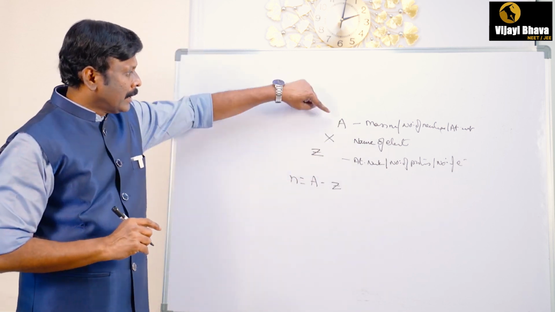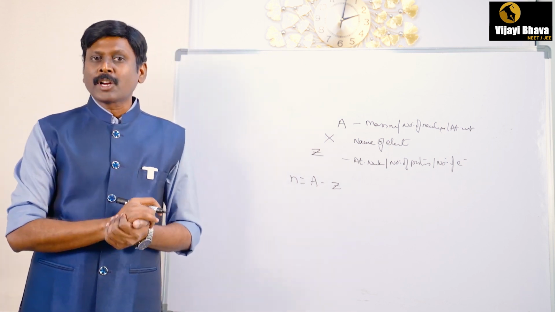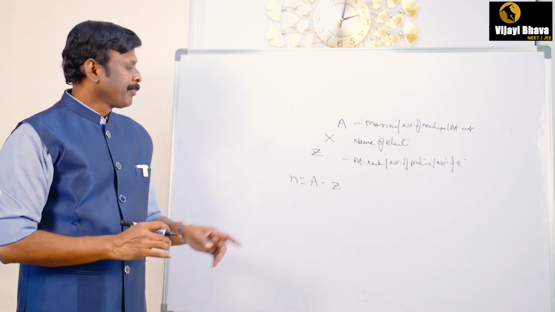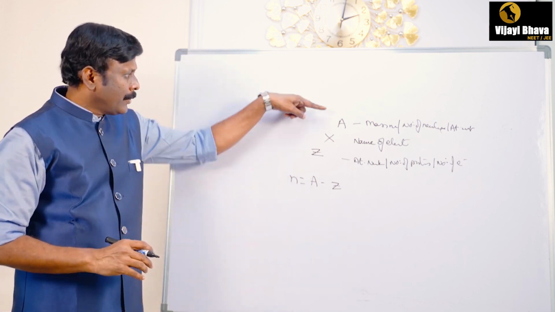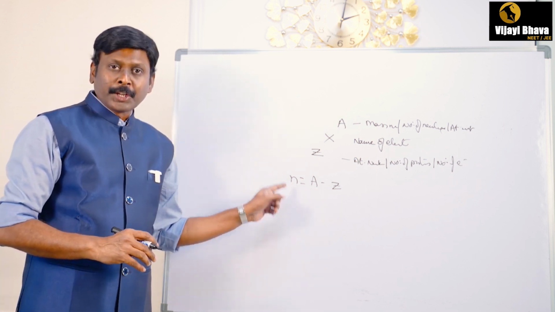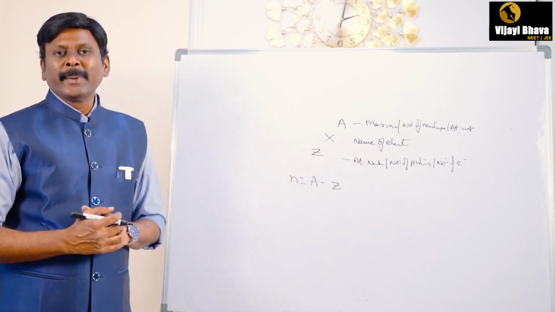Do remember, A is the number of nucleons, the count of protons and the neutrons present in the nucleus, whereas N, the difference of mass number and the atomic number, A minus Z, gives the number of neutrons. So this is how an element is represented.